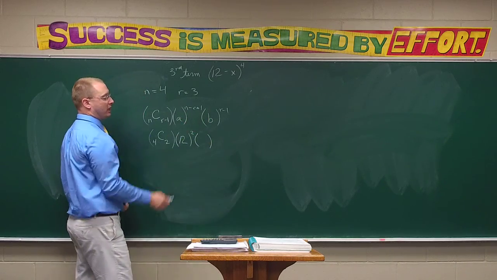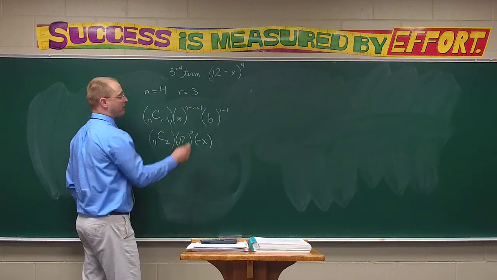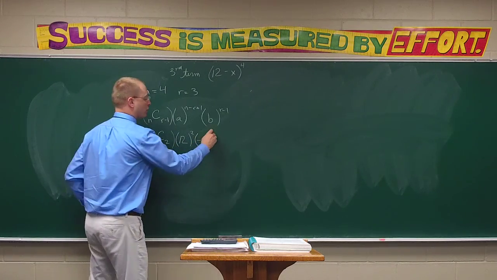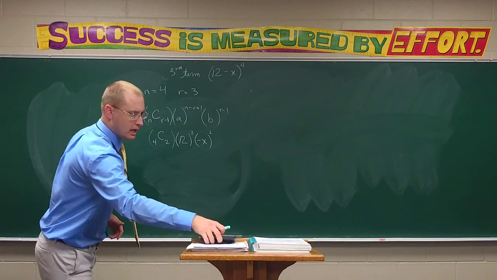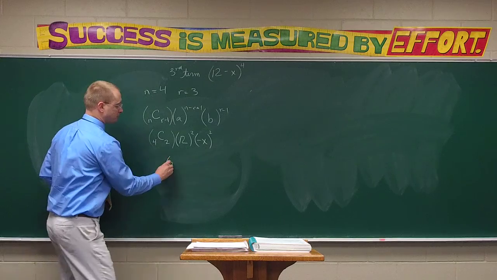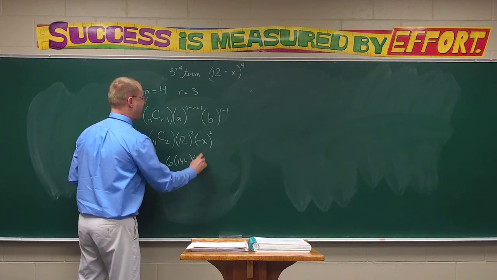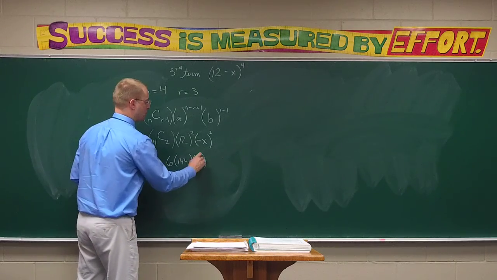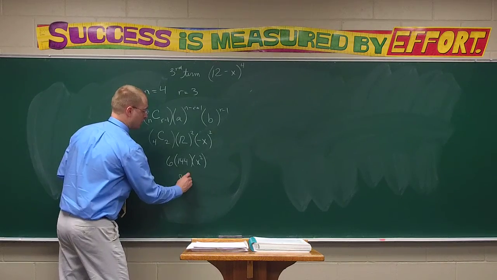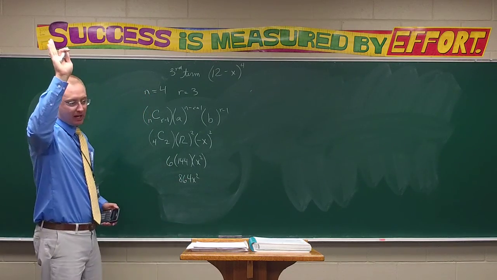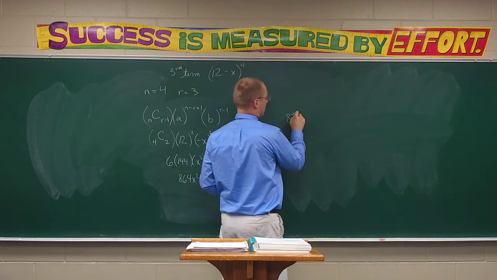And then the B is really a negative x, and it's being raised to the second power also, or being squared. 4C2 ends up being what, class? 6. And then 12 squared, of course. And if you square a negative x, we get for our answer, Audrey? 864x squared. How many have 864x squared for number 16?